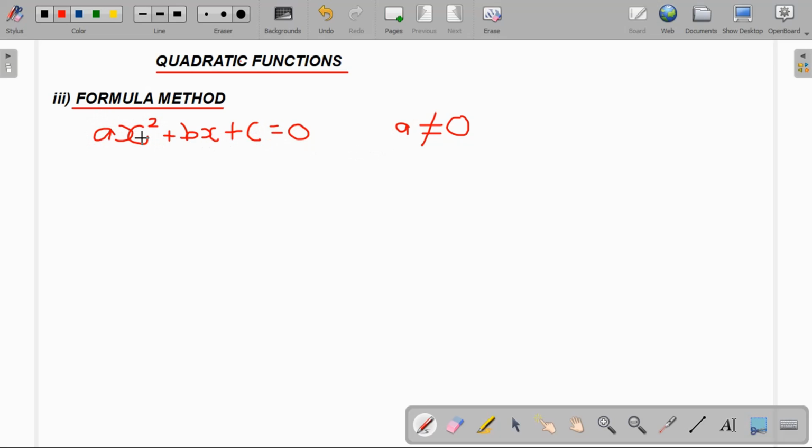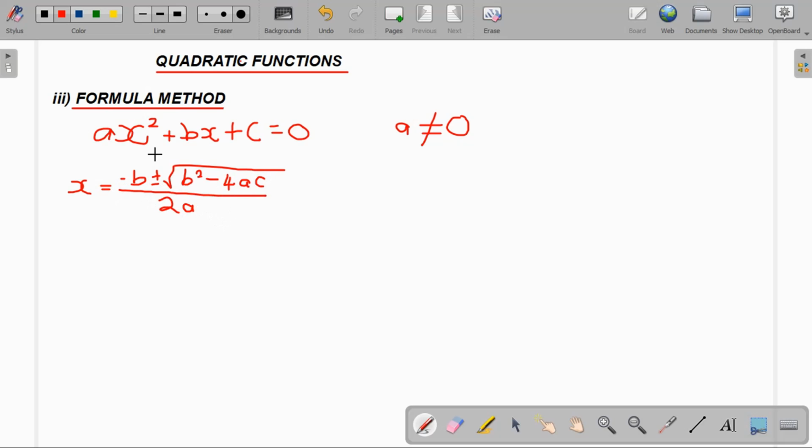If you have been given a quadratic function in this format, and they have said you have to solve the equation using the formula, this is the formula to use: x is equal to negative b, plus or minus the square root of b squared minus 4ac, all over 2a.